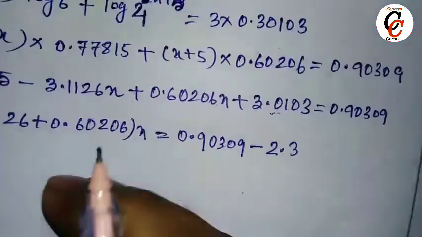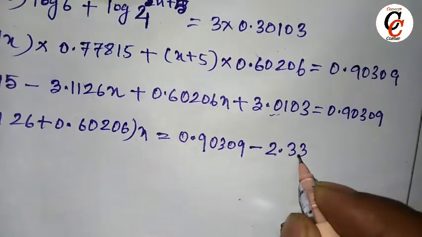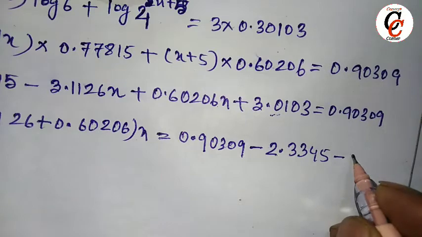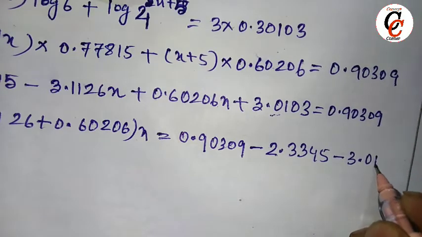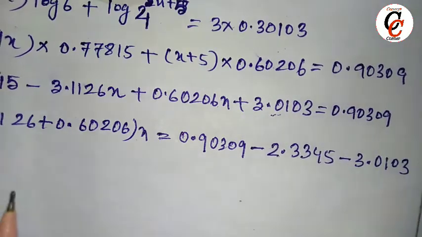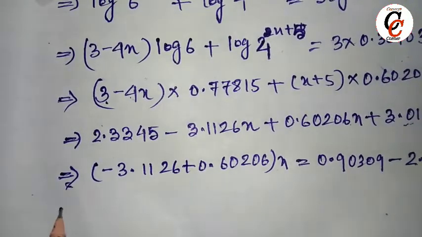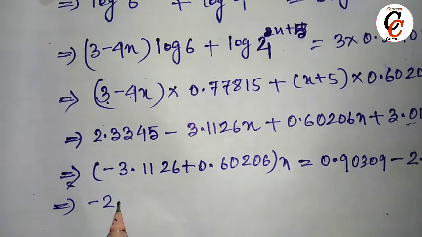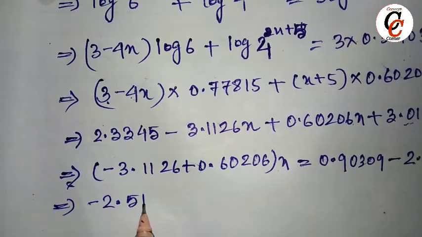If we take these terms to this side, 0.90309, this value will go to this side, subtract 2.3345, and it will also be subtracted, 3.0103.